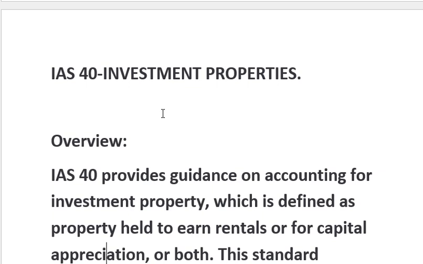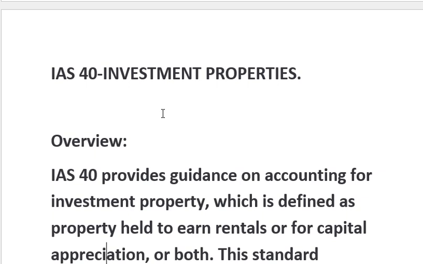Now, just as the name sounds, investment property simply means property that is being held for the purpose of earning what we call rental income, or for the purpose of capital appreciation, or both put together.